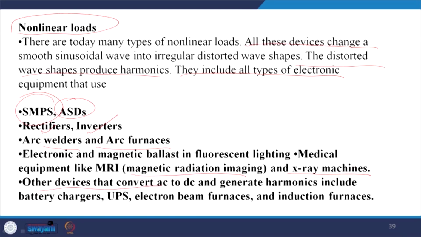Other devices that convert AC to DC and generate harmonics include battery charger, UPS, electron beam furnace and induction furnace. So, the list is very big, I just captured a few of them. All come under the category of the nonlinear load. So, we require to see how we can mitigate those.